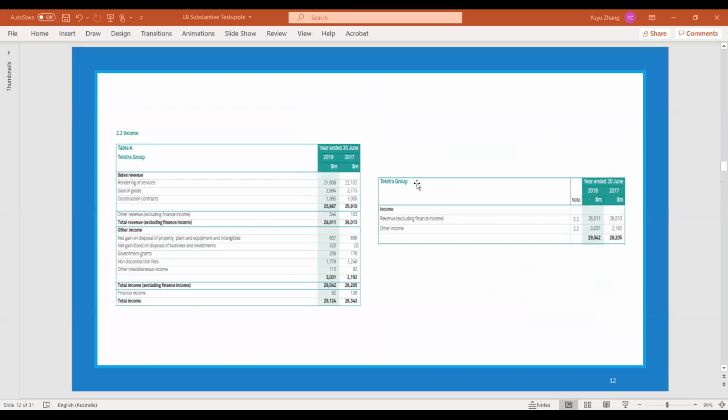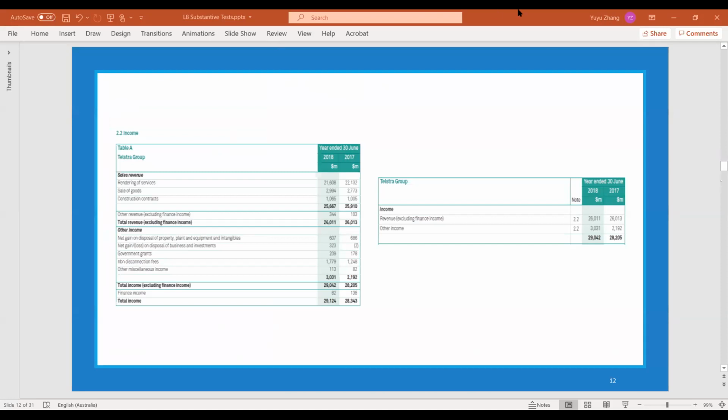So here I just extracted some tables from Telstra's 2008 annual report. On this page, we are talking about the income statement items. So you got the sales revenue, total revenue, other income, total income.